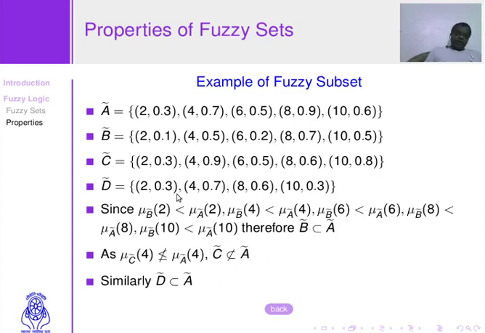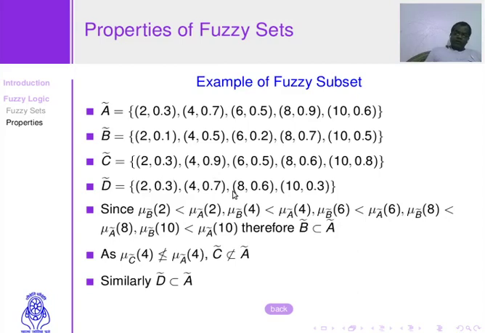Similarly, you can observe that fuzzy set D is a subset of fuzzy set A. Why? For the first element, both the degrees of membership are equal. For the second element, again both are equal.